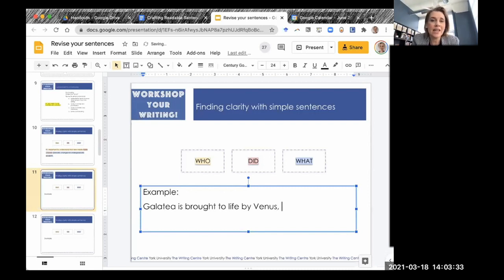Now, none of this is judgmental, and this isn't meant to imply that your sentence is incorrect if it's not a simple sentence. We're just practicing the skills of writing a simple sentence using real examples from your writing.